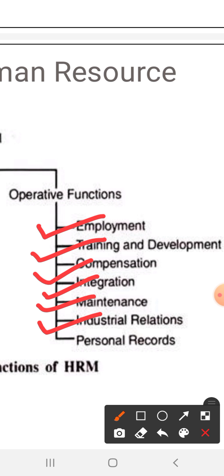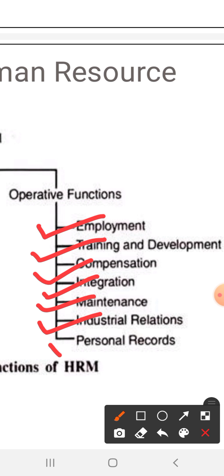As an organization, I must be able to take feedback from my customers, so that I can improve my existing product and customize it as per the customer requirement, because customer satisfaction is the most important aspect. So industrial relations is where we maintain records of how efficiently we are able to have a good relationship with our customers.